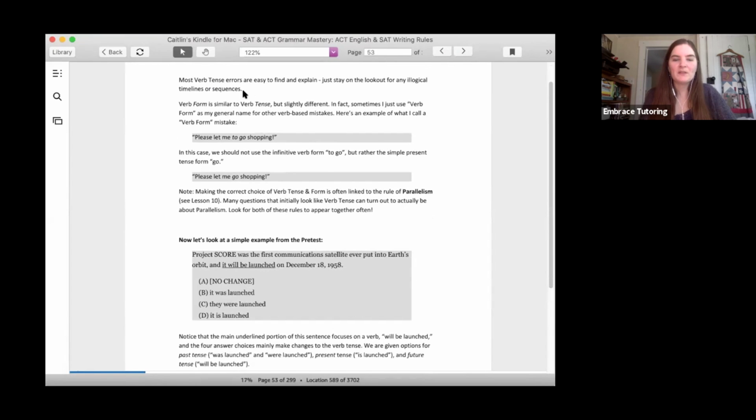But some of the easier ones to find and explain are to look for illogical timelines or sequences. Okay. The verb form is similar to verb tense, but you're looking at verb-based mistakes.